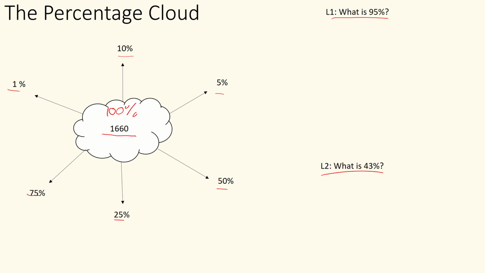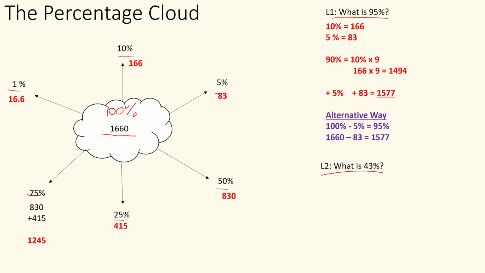Hopefully you've done that, and I'm now going to show you the answers. So here are the numbers for the percentage cloud. And for the level 1 95%, there's actually two ways you could do this. So you can find 95%. So here in red, I found what 10% was, I found what 5% was, and I've said, well, 90% is 10% times 9.